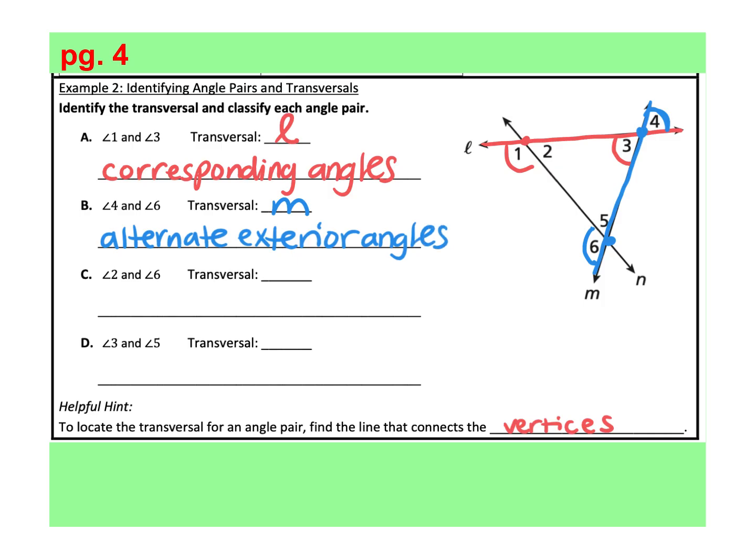Next, we have 2 and 6. If I connect the vertices, this is my transversal N. And notice that that's between the two lines and on opposite sides of the transversal. That makes them alternate interior angles.